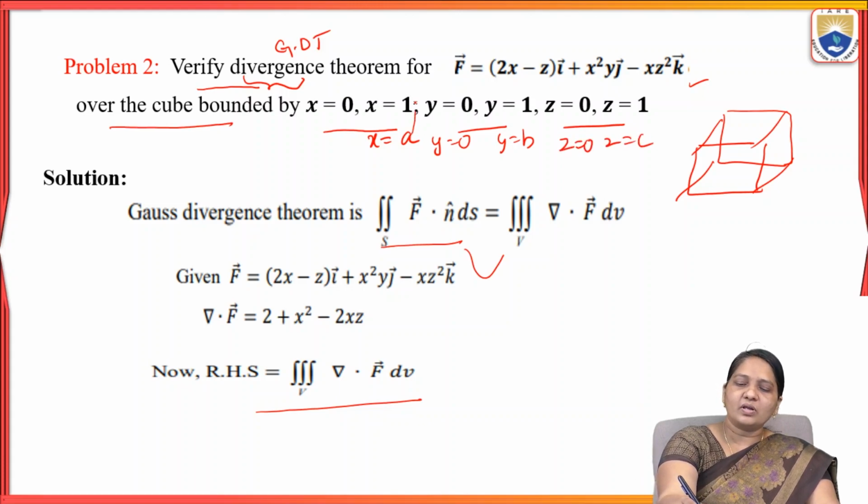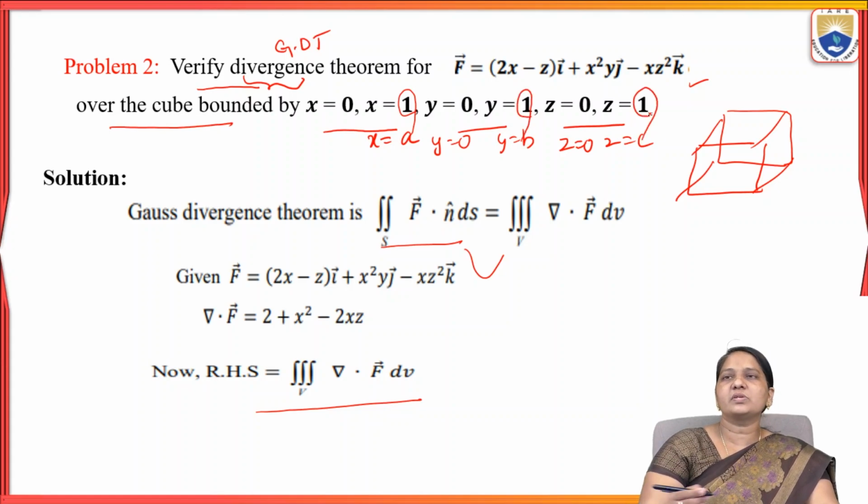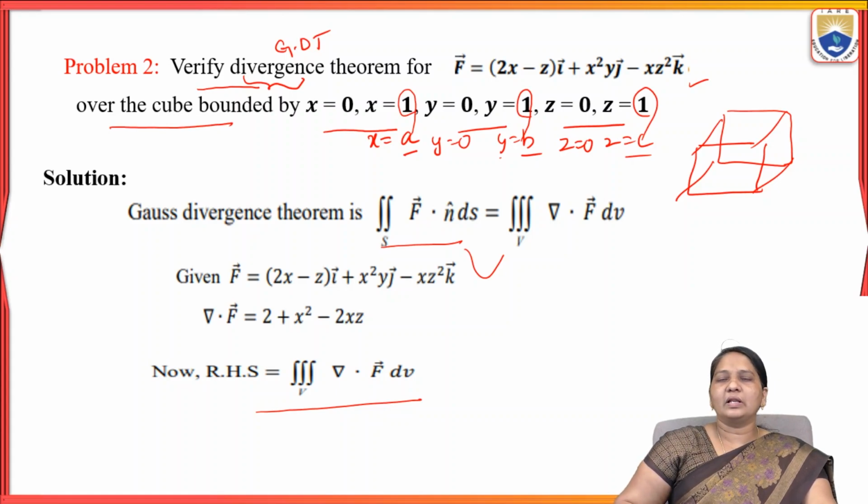So in place of a, b and c, here we have 1. Before, it was rectangular, so those values were different. Now it is a cube, so we get all ones, that means all values are equal. We can follow the same procedure to calculate here.